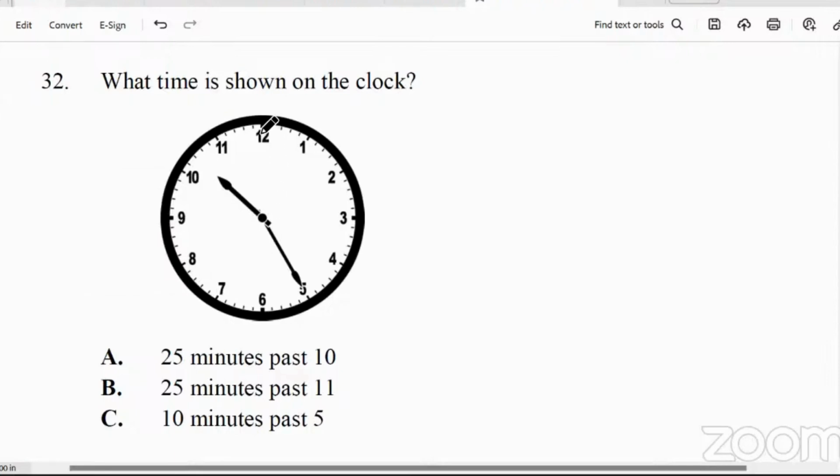Remember that at 10 o'clock, the long hand would have been pointing to the 12. And as we go around, there are 5-minute intervals for each number. So this would be 5, 10, 15, 20, 25. So it's 25 minutes past 10. Remember, guys, the shorthand is not yet at 11, so we are still in the hour of 10.